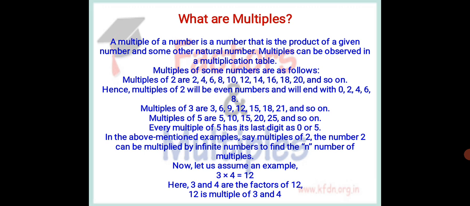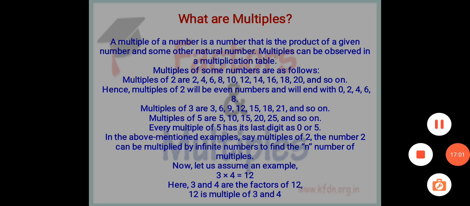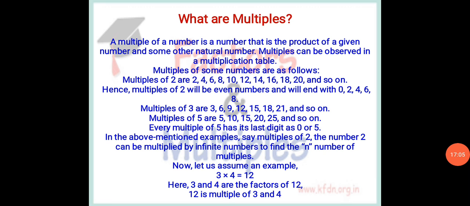Same way, I can define multiples of 3 are 3, 6, 9, 12, 15, 18, 21 and so on. Similarly, multiples of 5 are 5, 10, 15, 20, 25 and so on.